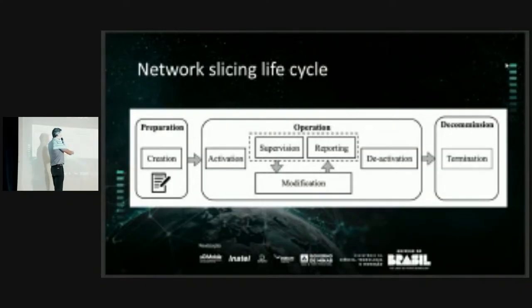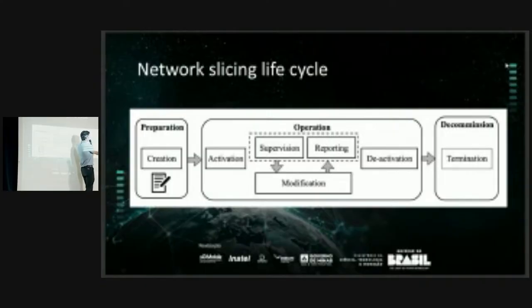And in many cases, I need to modify my slice. Okay, the tenant requests one modification, or I am an operator and modify the resource allocations, because I have another slice and need to share my infrastructure, and depending on the strategy, for the business, for the money or not, I need to consider this perspective for modifying the slicing, considering my infrastructure.